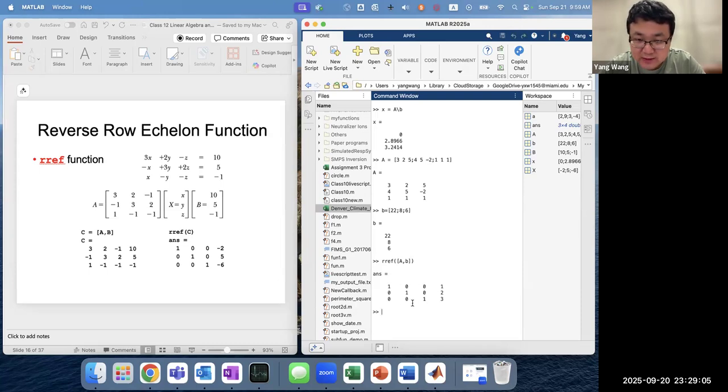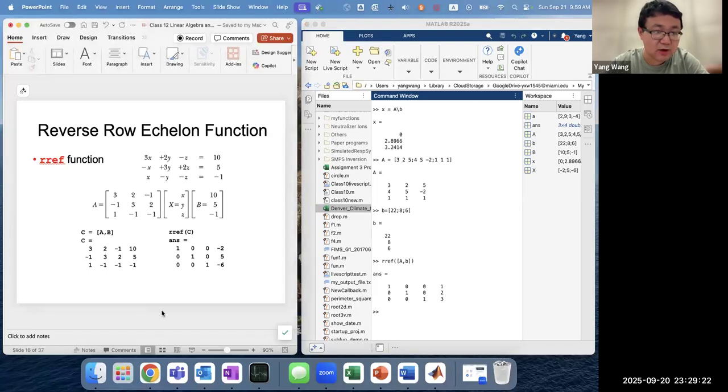It's a square matrix at the beginning, appended by the canceled terms on the right-hand side of the equations. So under this situation, x directly equals 1, y directly equals 2, z directly equals 3. Okay, so this is our rref function.